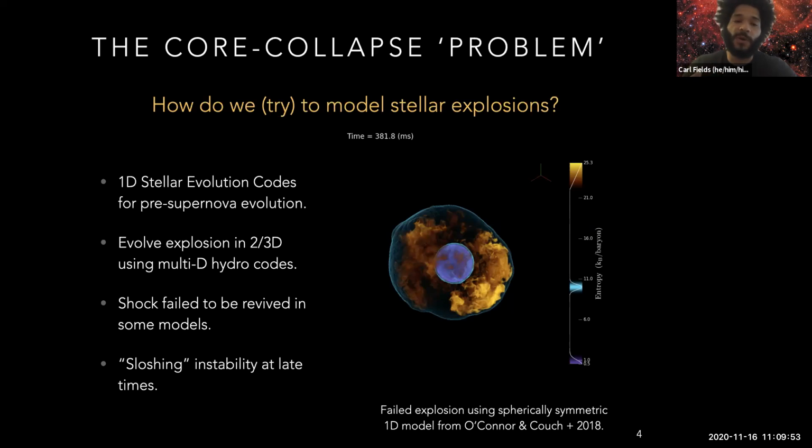You can use CASTRO, FLASH, or some other examples of explosion simulation codes. The one on the right was actually produced using FLASH. And when you do this, you take this 1D prescription, you map it into 3D, and one of the issues that typically arises is that you have no information about the non-radial convective properties. And so this is something that could potentially be a missing ingredient for your 3D explosion model. And so this is something that people have started to think about.